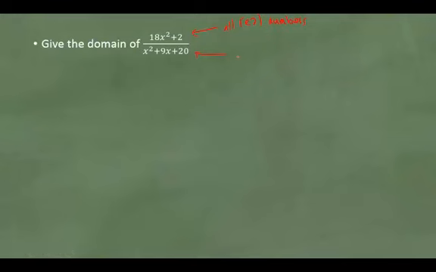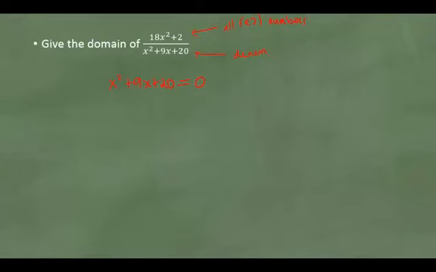But because it's in the denominator, we need to ask ourselves, when is it equal to 0? So that's what we're going to do. We're going to set the bottom, x squared plus 9x plus 20 equal to 0. And we're going to solve for that.